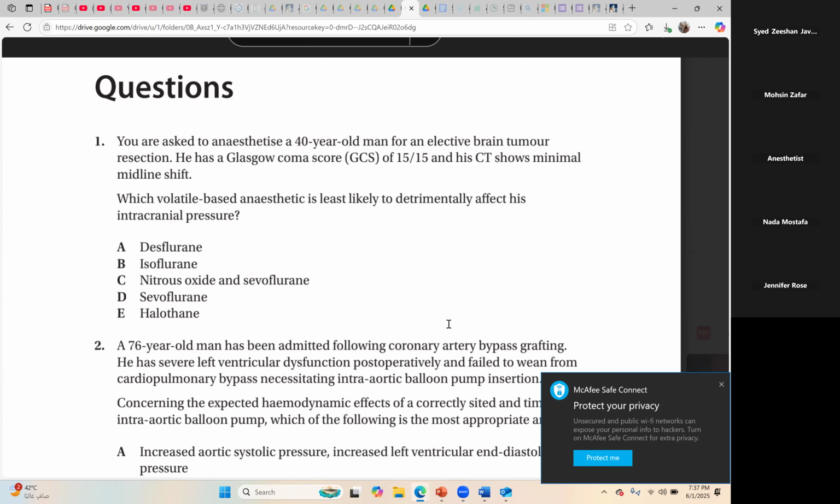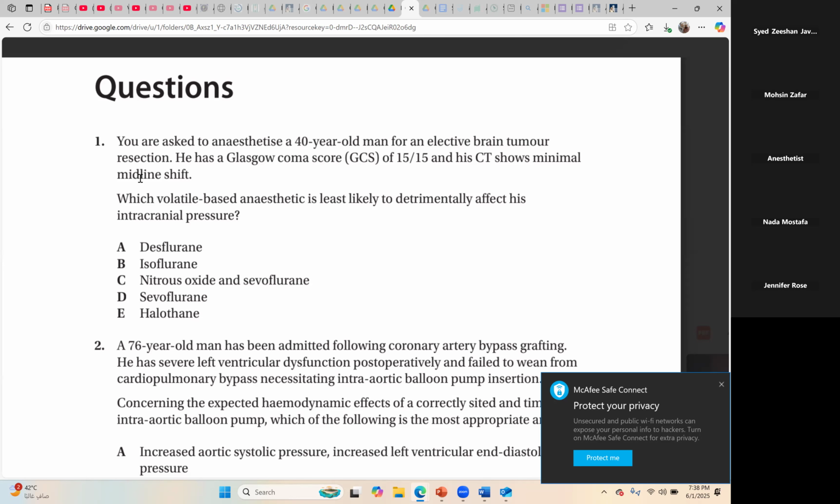Whenever we are resecting any brain tumor, the things you should be chalking down beforehand are any baseline neurological injury. If the patient has any neurological deficit, like the GCS 15 by 15 mentioned here, and in this patient they mention minimal midline shift. If there is significant midline shift, preoperatively raised signs of ICP, or any sensory, motor, or cranial nerve problem, that should be documented.